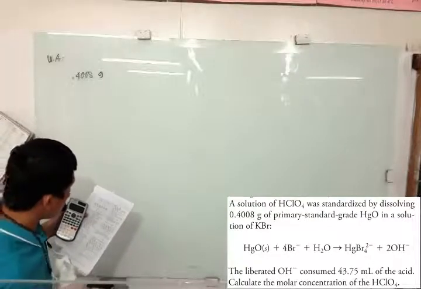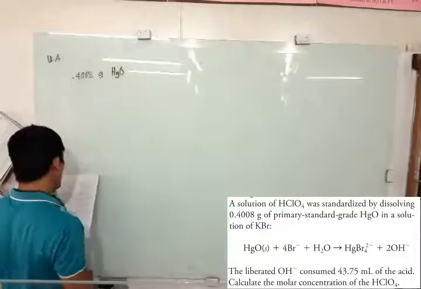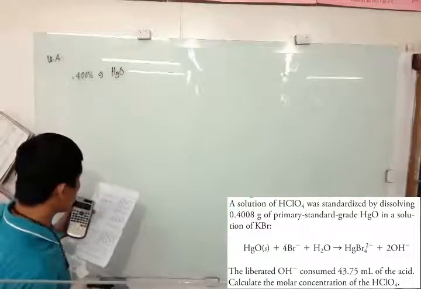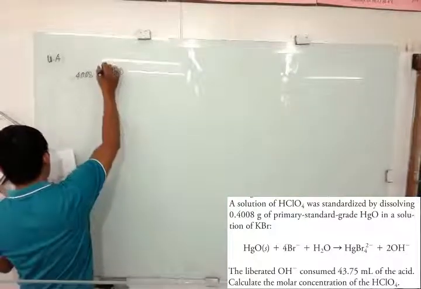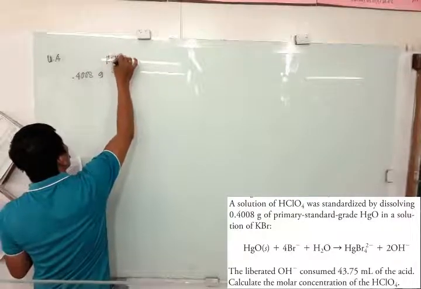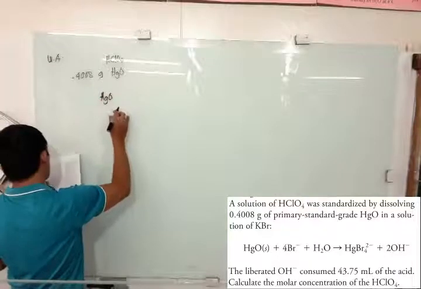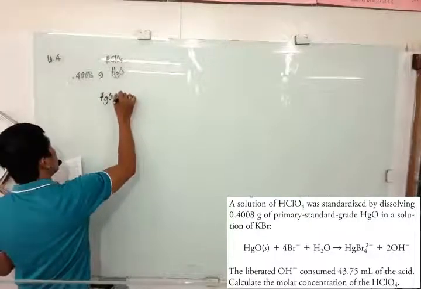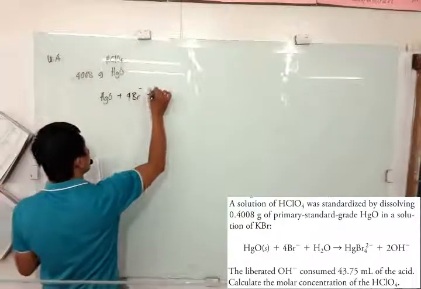Primary grade standard of mercuric oxide, HgO. You don't have to pronounce that correctly. So it is a solution of perchloric acid, just like the other day. We have a solution of perchloric acid, and then the reaction is given. You have your mercuric oxide, and then your bromide ion, and then you have your water.